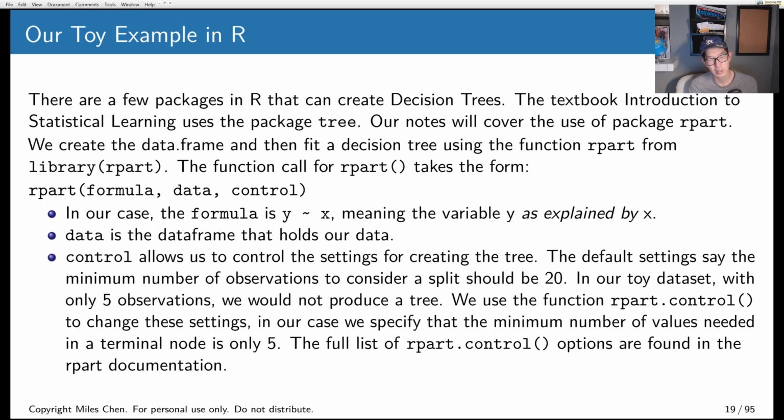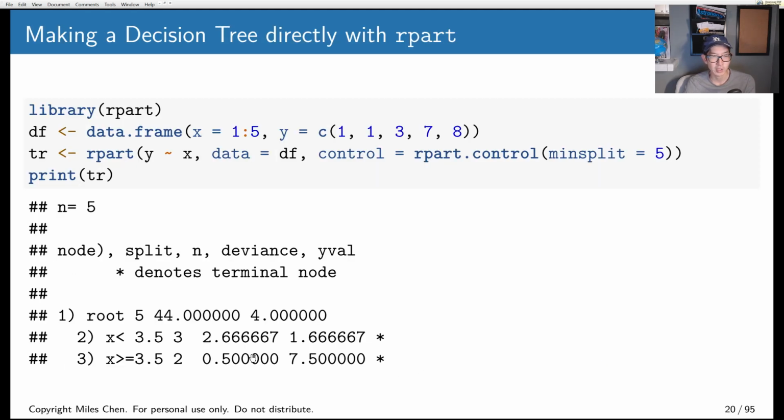And again, we're dealing with this toy example where I only have 5 observations. It'd be kind of silly to do this in real life, but we're going to change the arguments so that it will still consider making a split even though we only have 5 observations. And you could, if you wanted to, read more about rpart control in the documentation.